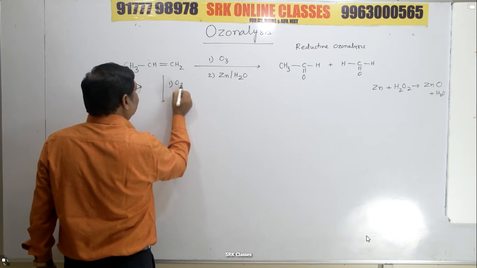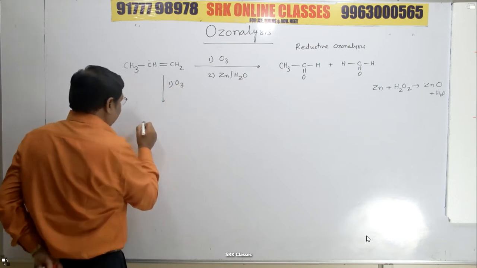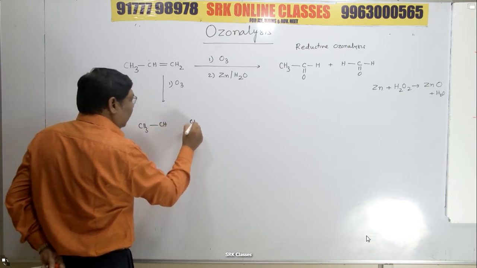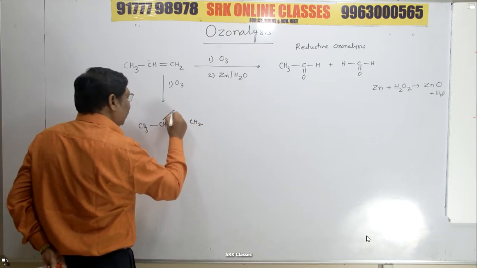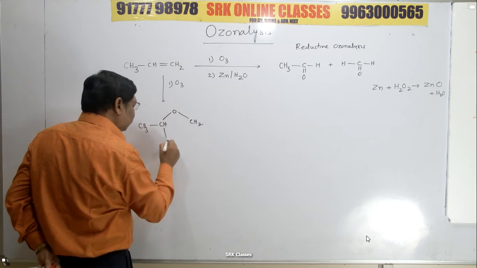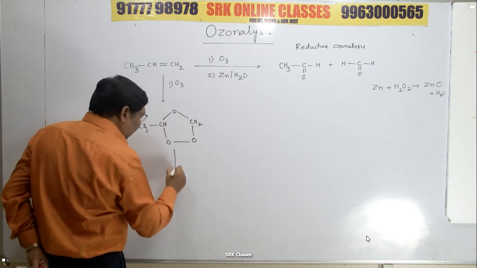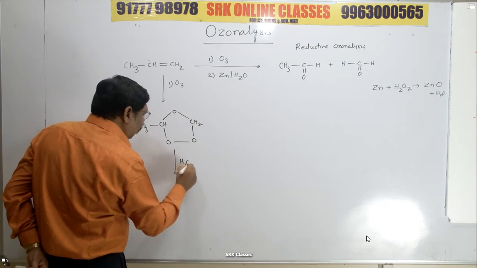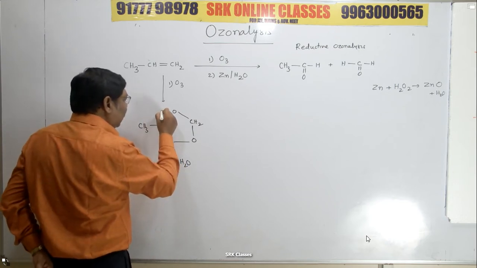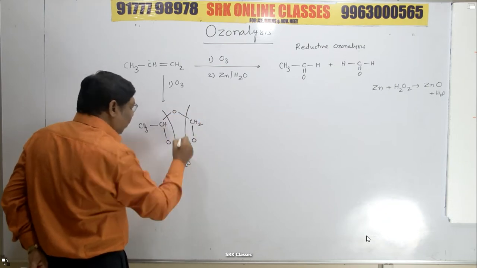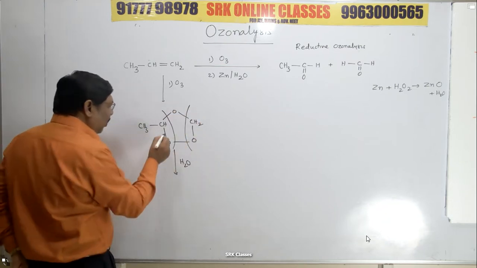addition of ozone. First step, we will write in this manner. Wherever the double bond is there, write ozone in the form of a cyclic structure. In the second step, hydrolysis, H2O. So this cleavage will be like this and oxygen will combine with this one, that will be converted to hydrogen peroxide.